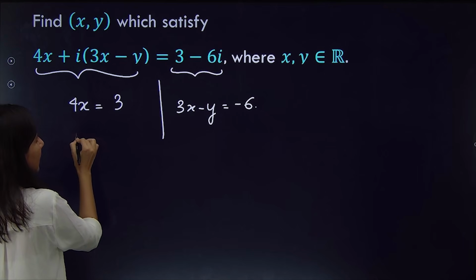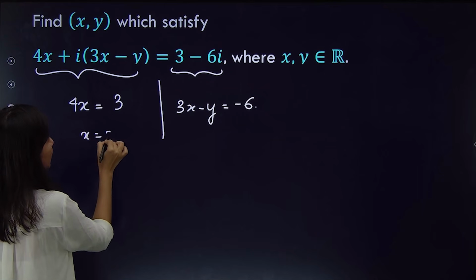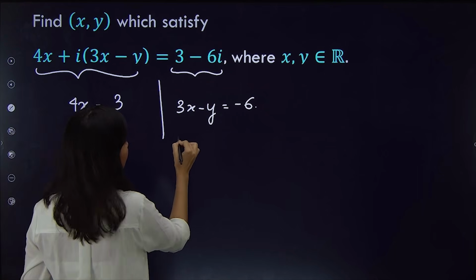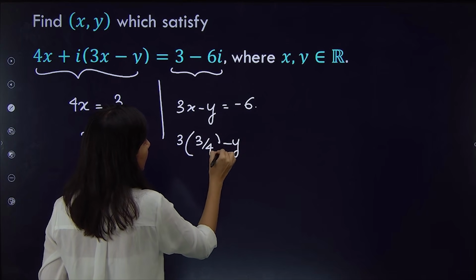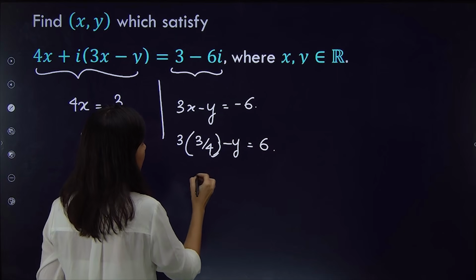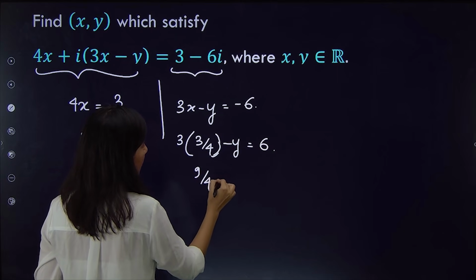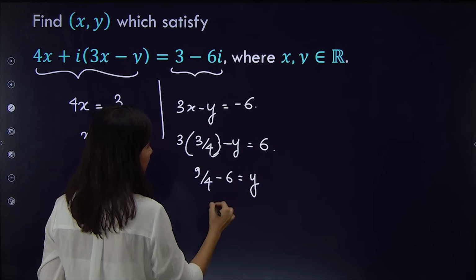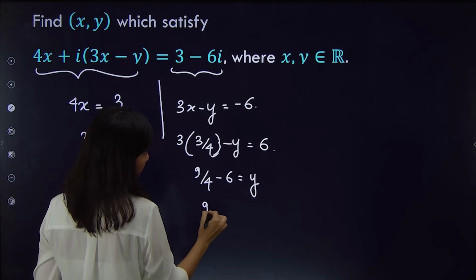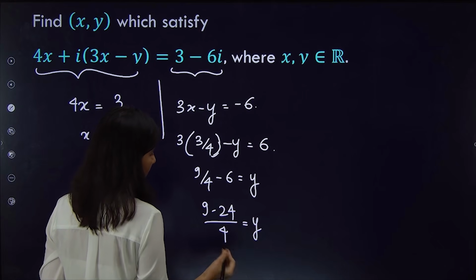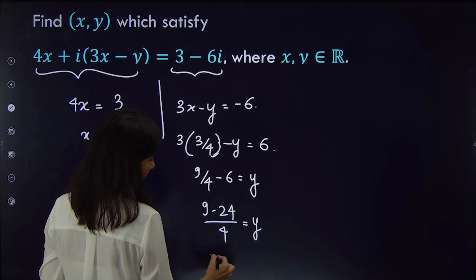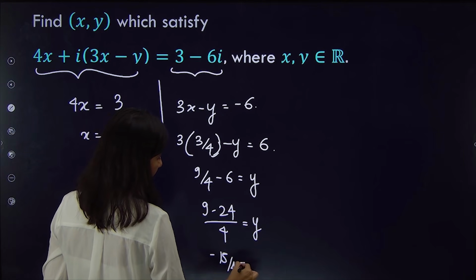So x is equal to 3 by 4, and if you put 3 by 4 minus y is equal to 6. 9 by 4 minus 6 equals y. 9 minus 24 upon 4 equals y. So y is coming out as minus 15 by 4, right?